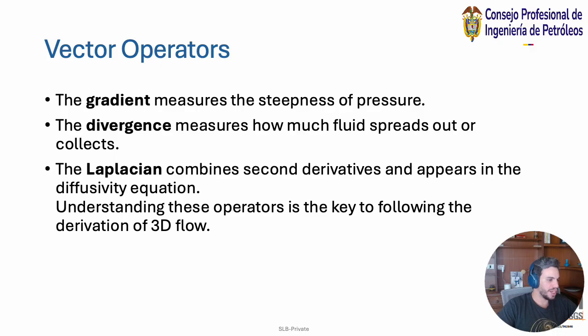So this goes back to that fluid movement and expansion or compressibility. And then the Laplacian combines the second derivatives and appears in the diffusivity equation, which is extremely important when you're trying to understand the operators or the derivation of a 3D flow. So it's used quite frequently in respect to modeling, right?